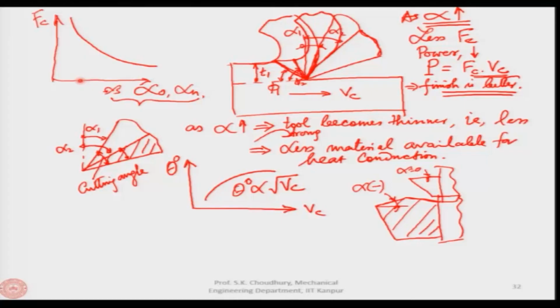Therefore, there has to be a value in between; it cannot be very high, it cannot be very less. If it is very less, then the force will be very high, so again the tool will be affected. So, these are the factors which have to be taken into consideration while selecting the values of the rake angles, flank angles and cutting edge angles.